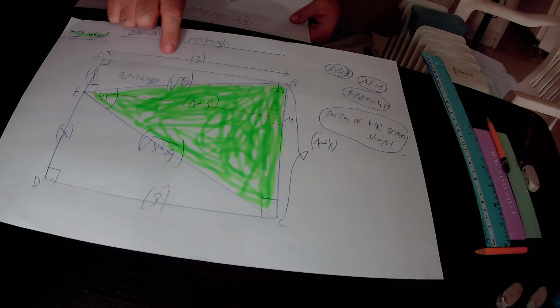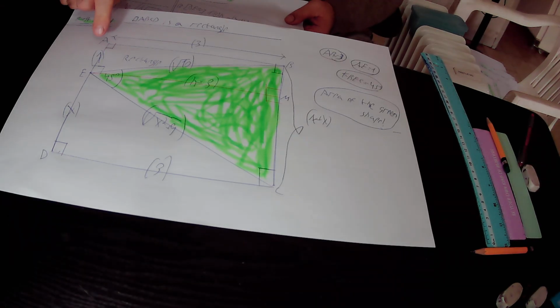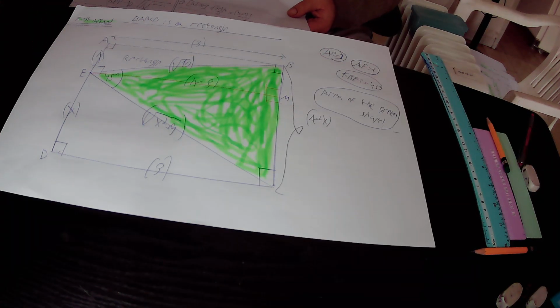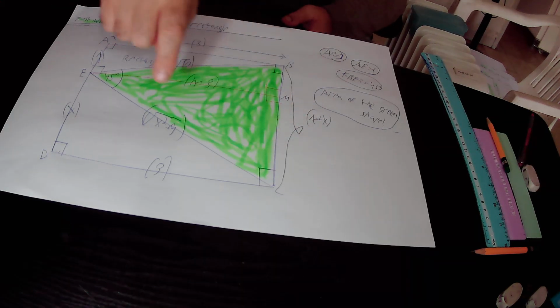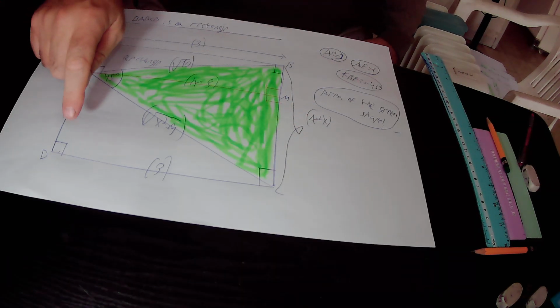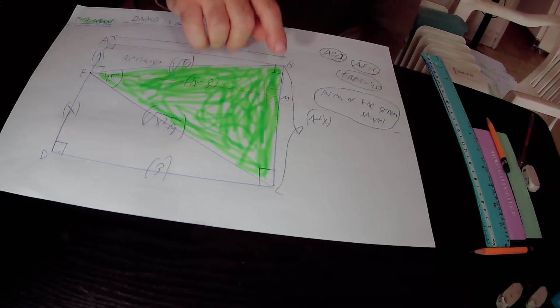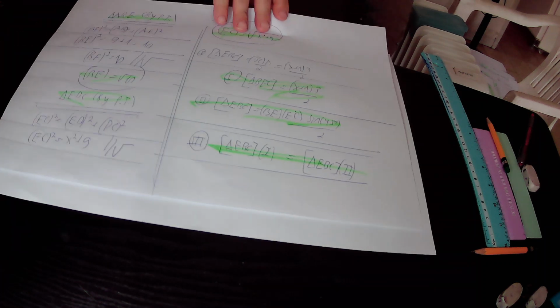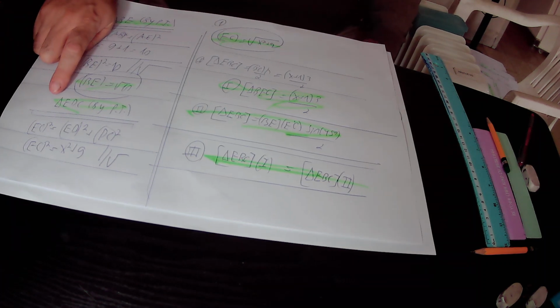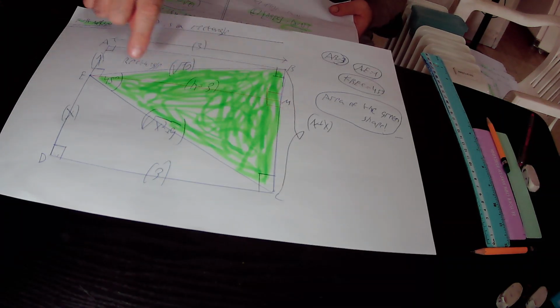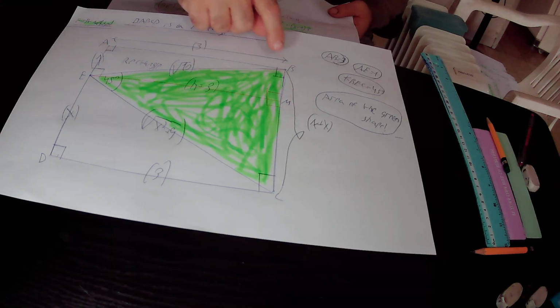Likewise, implement the Pythagoras theorem on this right lower triangle, triangle EDC. According to the Pythagoras theorem, in this right triangle EDC, EC squared, the square of the hypotenuse, equals ED squared plus DC squared. EC is the missing hypotenuse, so EC squared equals ED squared.